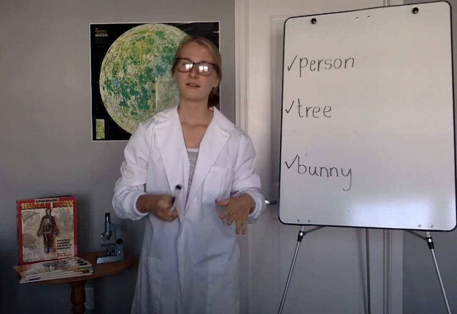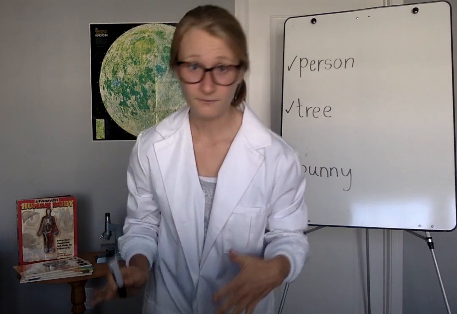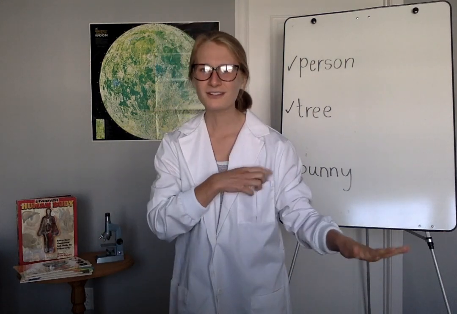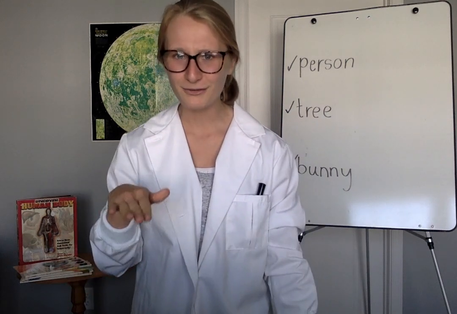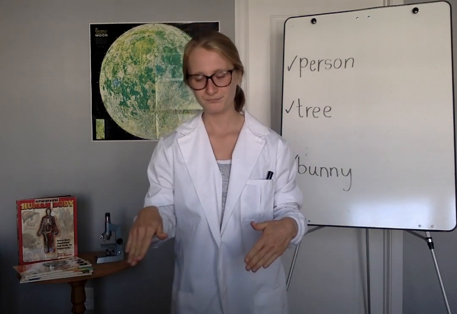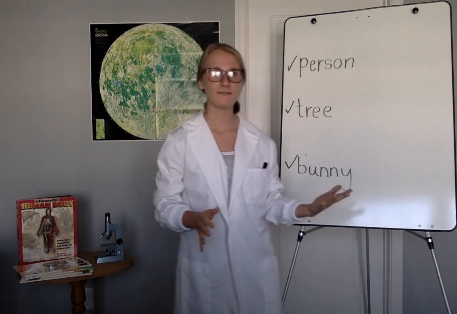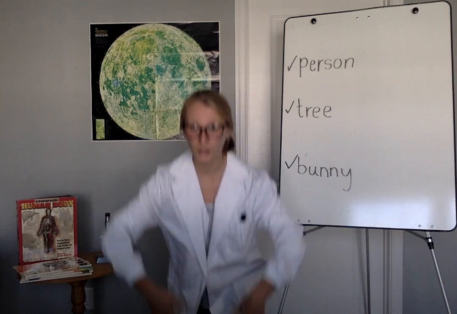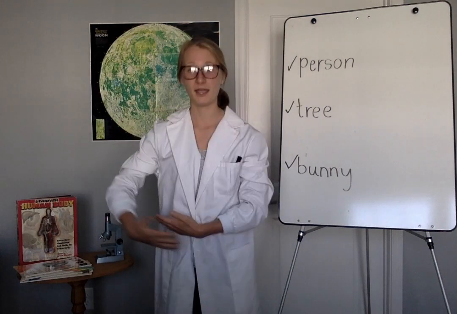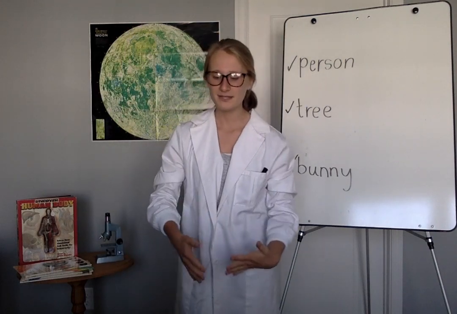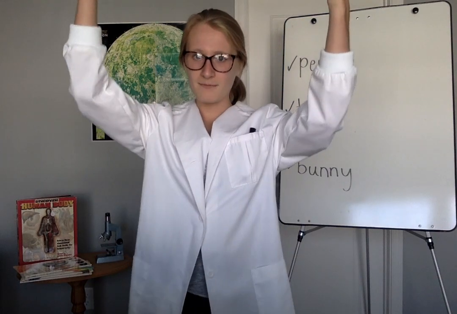So this is a lot of information, but you're a second grade scientist. I know you got this. Let's review. We know that something is living if it grows and reproduces. That means growing means that it changes.